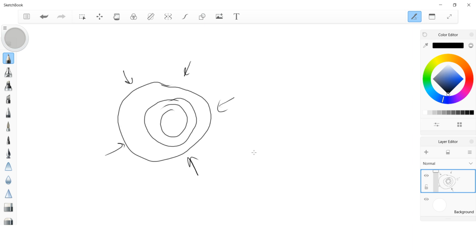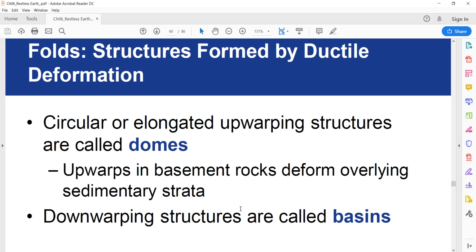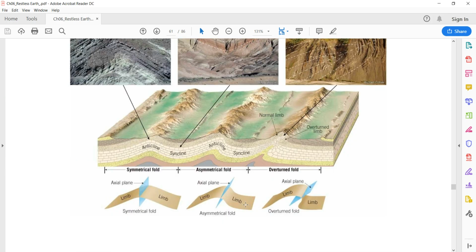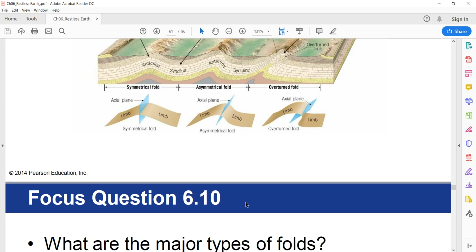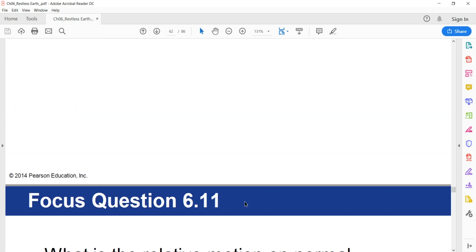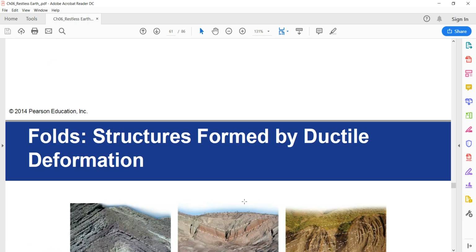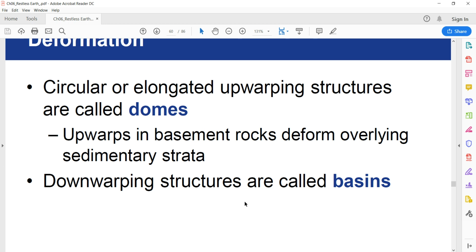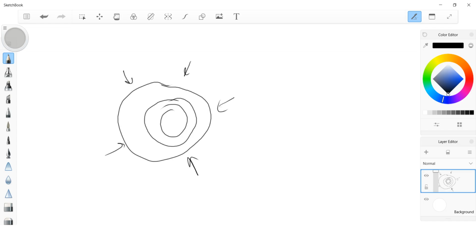And it is a dome, so it is upward. I can't draw a three-dimensional picture here, but there's a photo in your textbook that shows what a dome looks like. Literally it looks like a dome, an elevated structure in the middle, and it has a slope on the side.